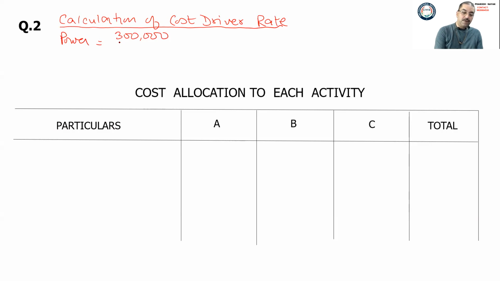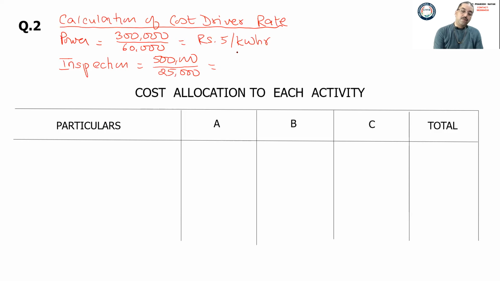So 3 lakhs divided by 60,000 is rupees 5 per kilowatt hour. Second is inspection. Total cost of inspection is 5 lakhs, number of inspections are 25,000. Rupees 20 per inspection.